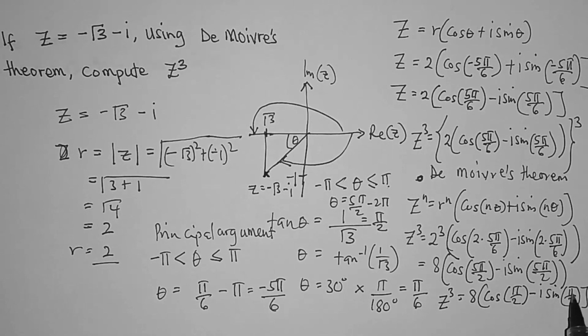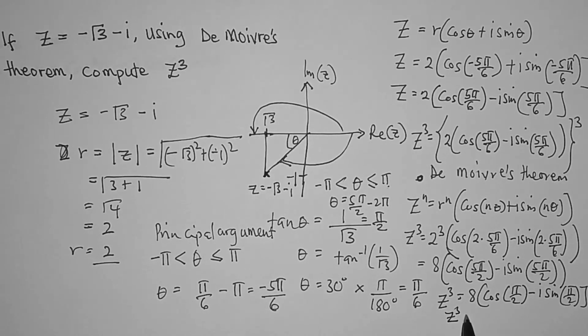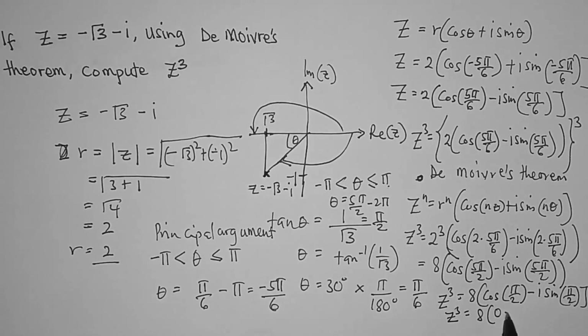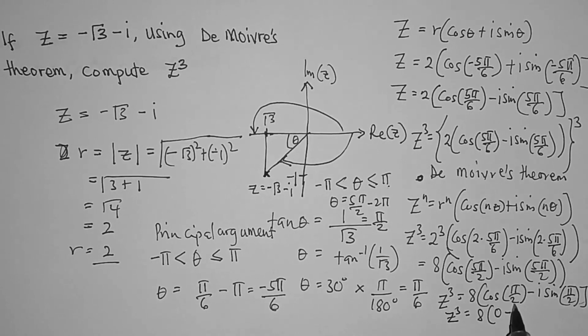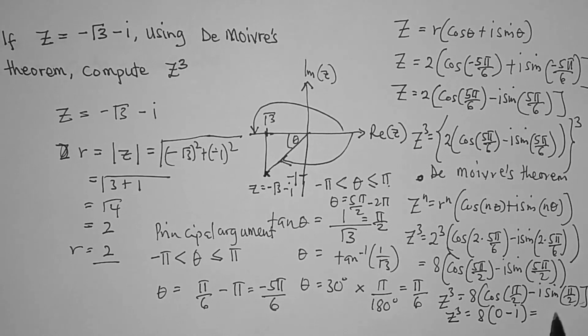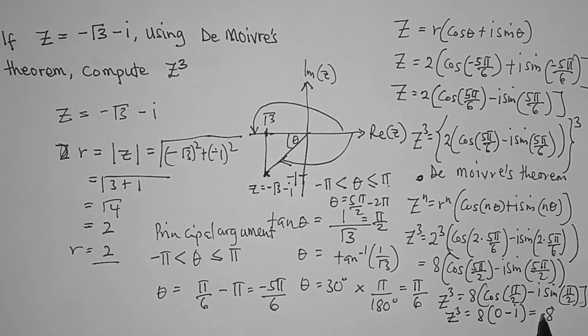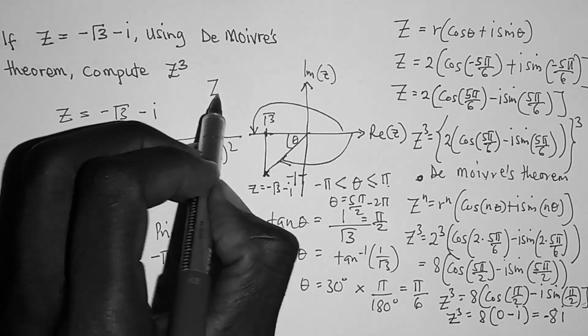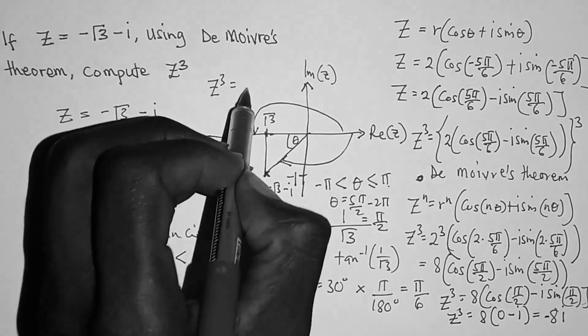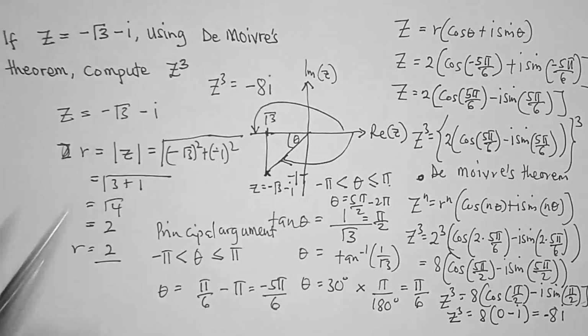Then sine pi over 2 is the same as sine 90, and sine 90 is 1. So all of this reduces to z cubed equals 8 times (0 minus 1 times i), which is minus 8i. So therefore, z cubed is equal to minus 8i.